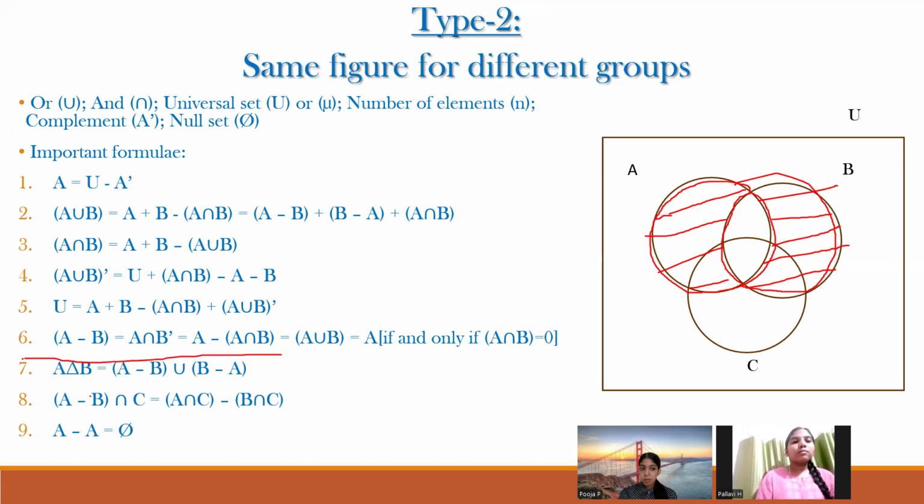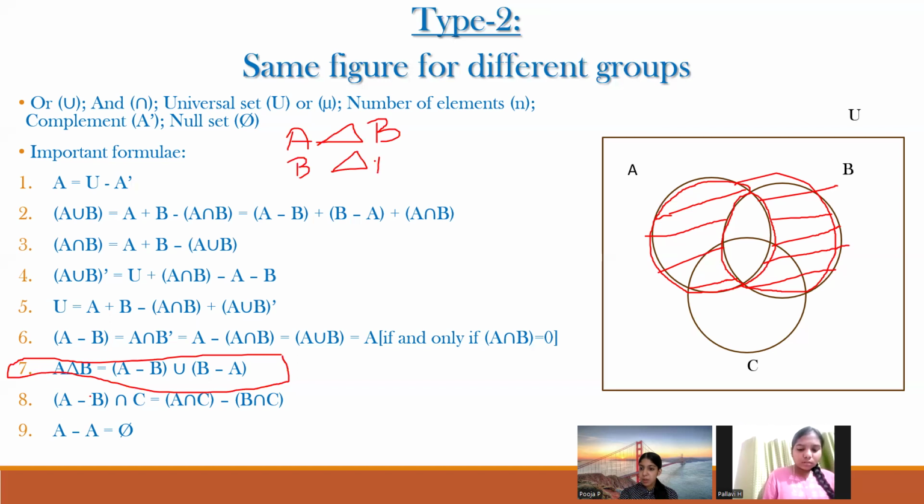In the previous session we saw A difference B is only this much, and B difference A is only this much. If you take the union of the two, you get A symmetric difference B. One more thing to keep in mind: A symmetric difference B is the same as B symmetric difference A. Both are the same.